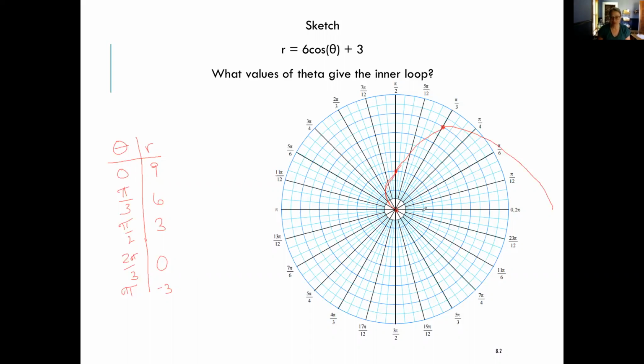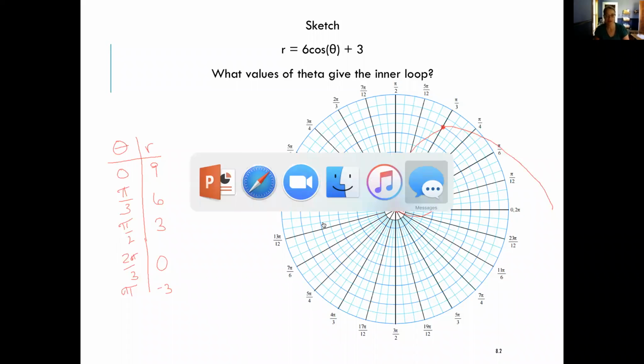So this would be 1, 2, 3. So we got this. Okay. And now we're going to go back around and come back out and get our actual shape. So it is the angles whose cosines are negative that give us this inner loop.